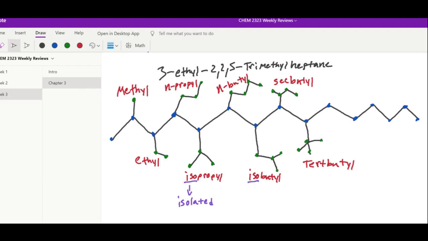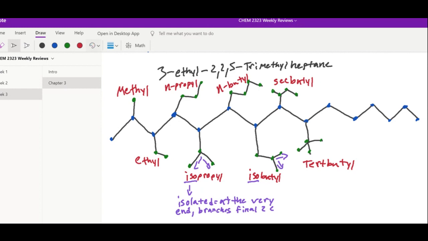At the very end, it branches off into the final two carbons. Just like you see in isopropyl, you see the same branching off in isobutyl. Okay, it branches off in two directions.